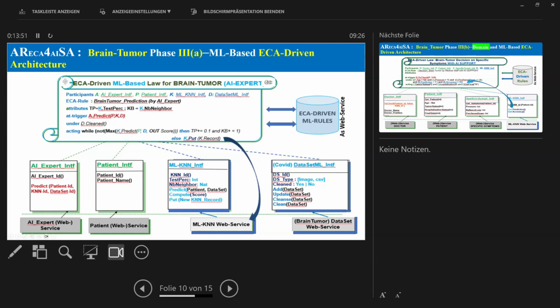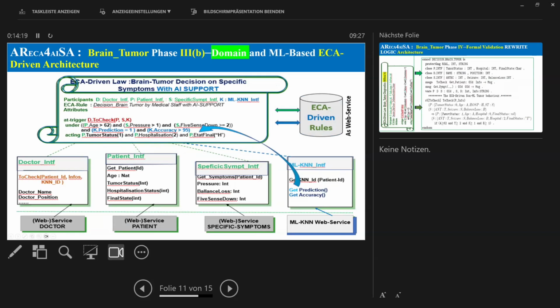Then the next phase is to profit from this result at the domain level. That means we bring together, as I said, this is the focus of this contribution, the domain expert with the AI or machine learning expert.